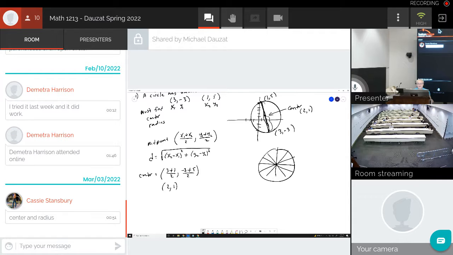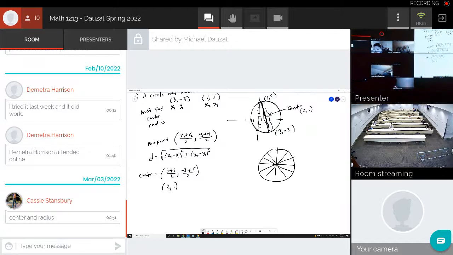Doesn't matter which one, does it? But here's a problem. I could have messed up with the center, right? So it's always best to find the radius by finding the length of the diameter, because I could have gotten the center wrong, and then your radius would have been wrong even further.